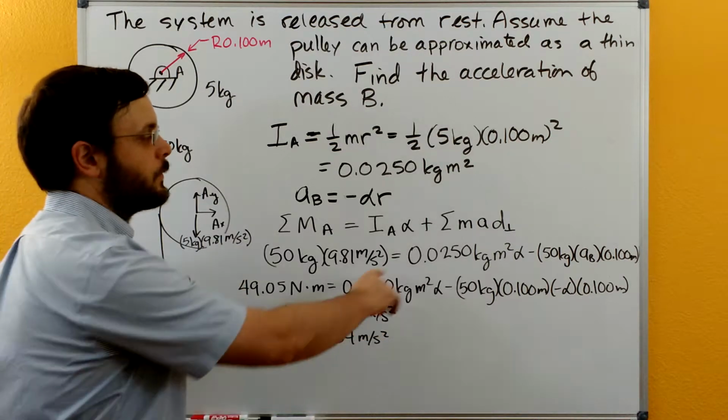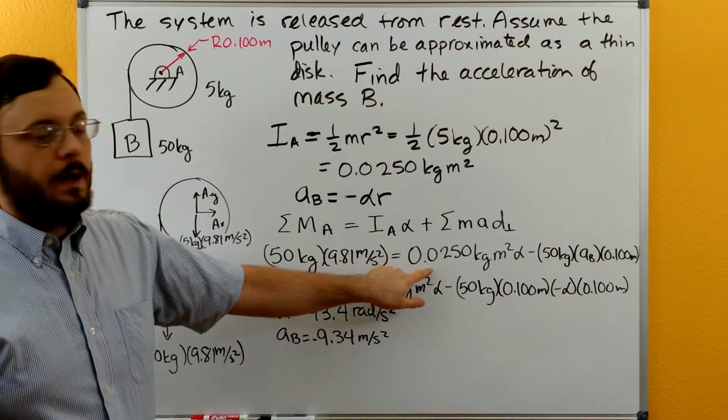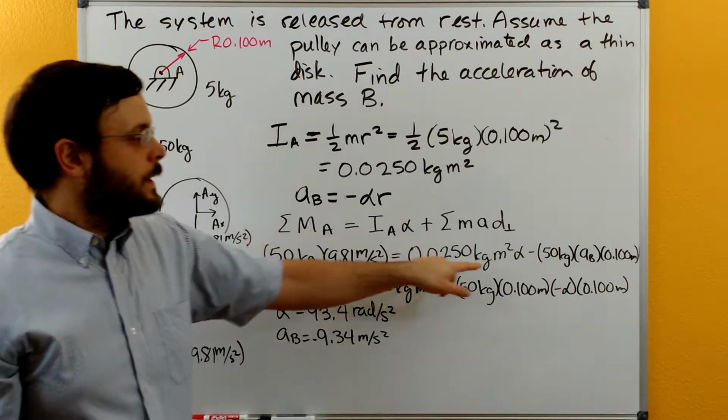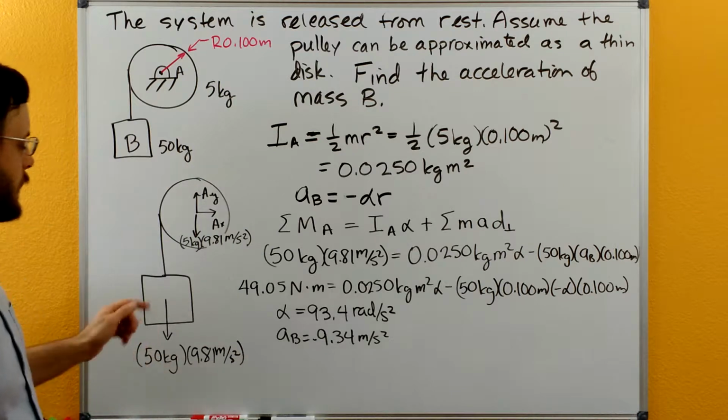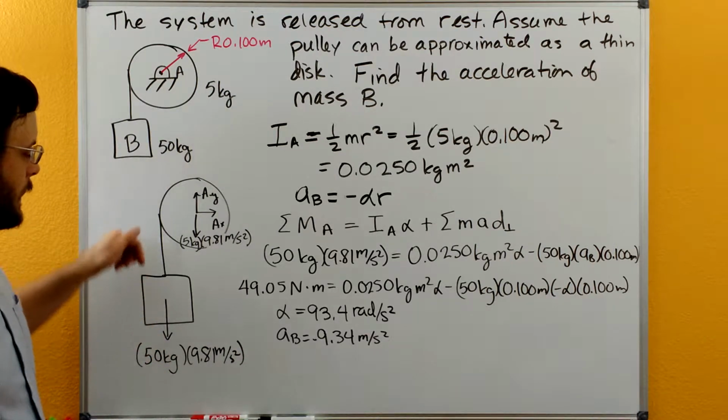Looking over here on the right-hand side of the equation, we have our IA that we just calculated times alpha. And then we have this point mass.